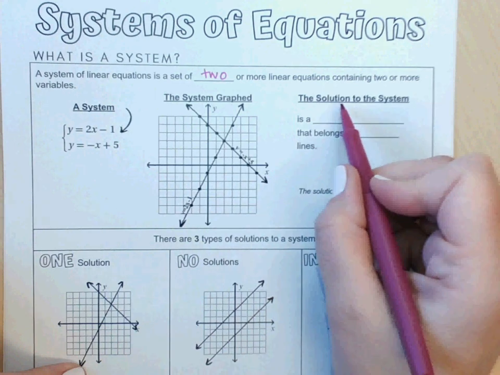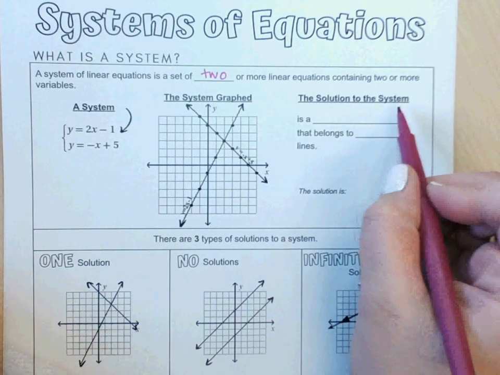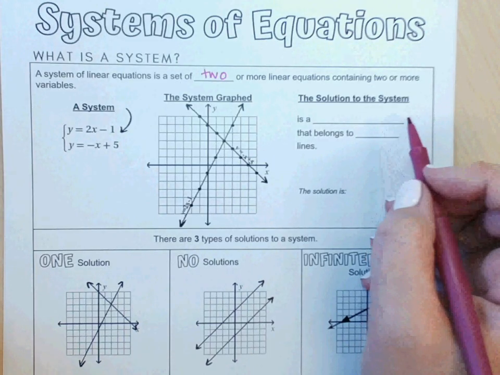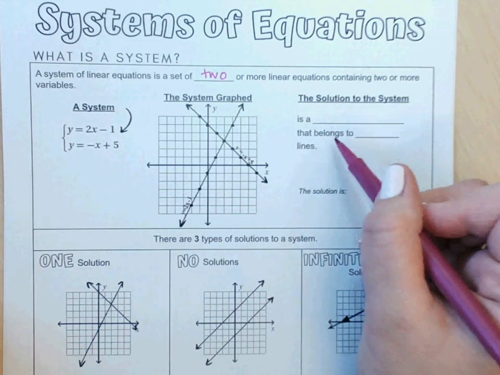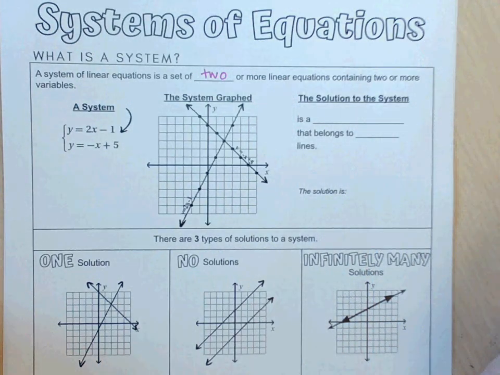The solution, so the answer to a system, is, let's see, what is that answer? The solution to a system is, I want to say it's a set of points that belongs to the lines.